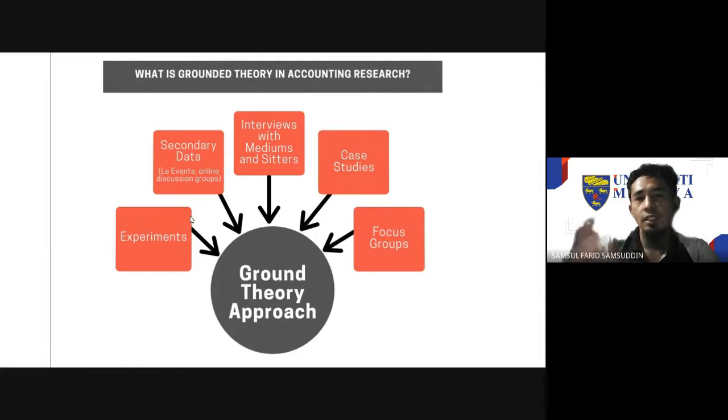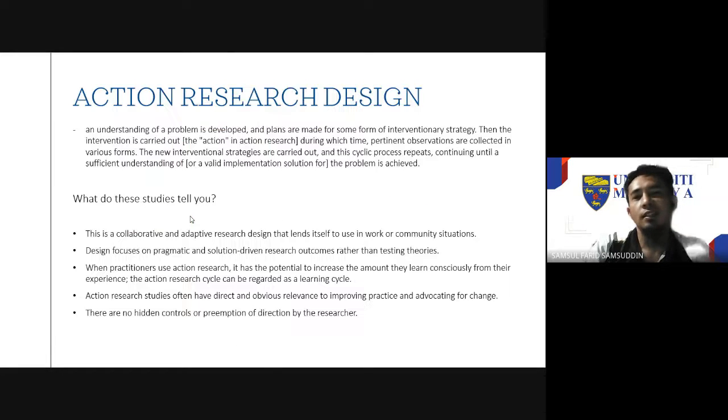So all these kinds of methods can lead to this grounded theory approach. Okay, so under research design, there are several levels of research design.